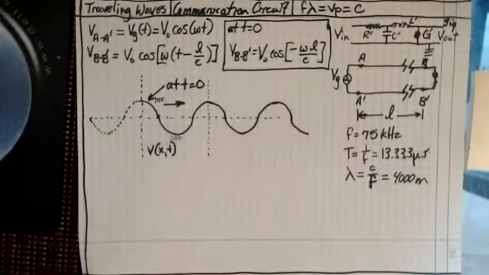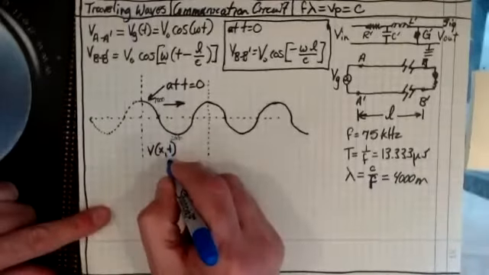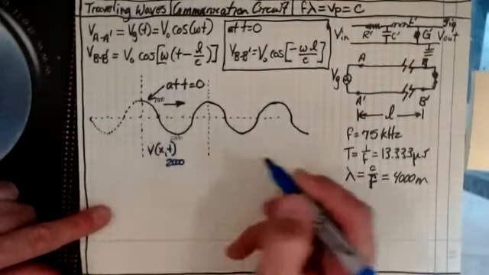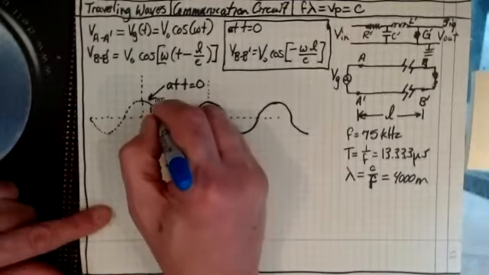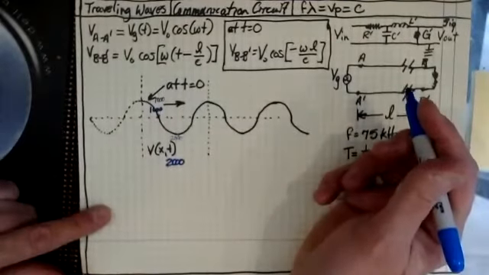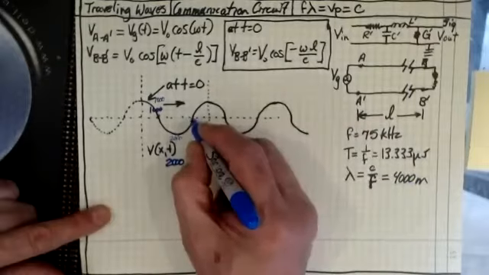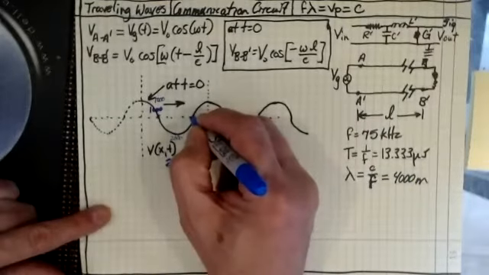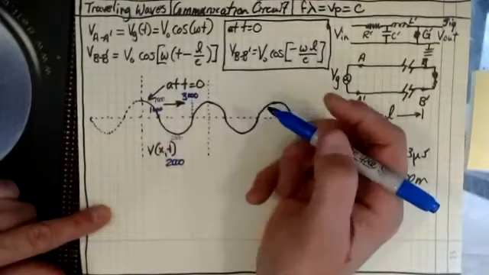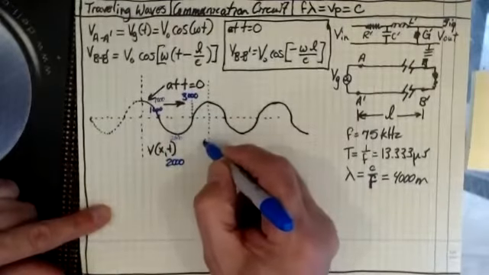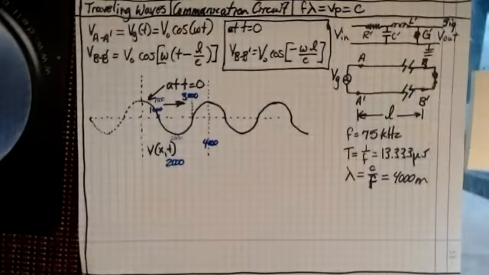This right here is 1,000 meters. This right here would be 3,000 meters. And then right here, I would have 4,000 meters. Does everyone see how that works?